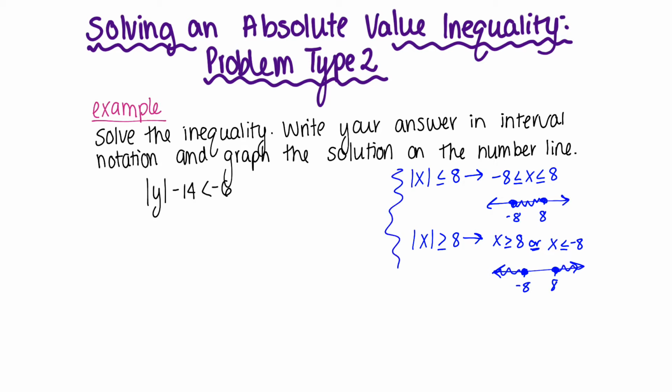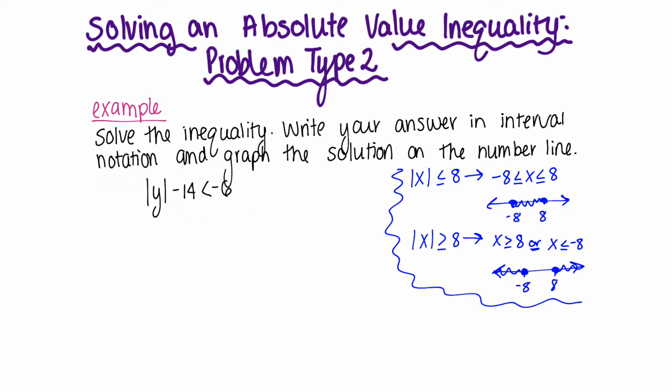If it's a less than sign or less than or equal to, you sandwich, because that's one inequality. If it's greater than, it's two. So that's where we left off in the last video.